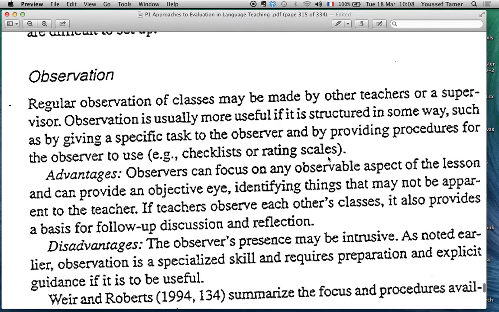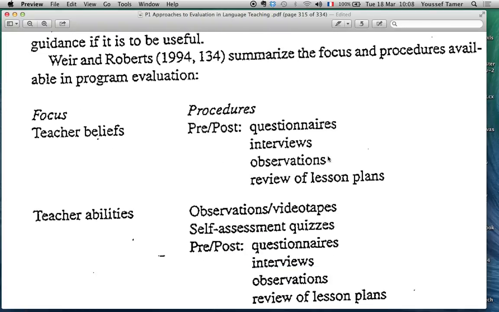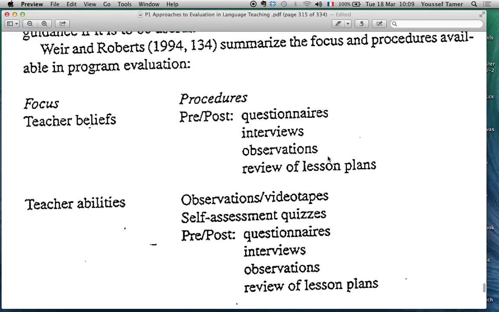Observation. And then at the end, the author proposes a kind of schema of relevant procedures for each point of focus, or for each type of audience or participants. This schema summarizes the focus and procedures available in program evaluations.